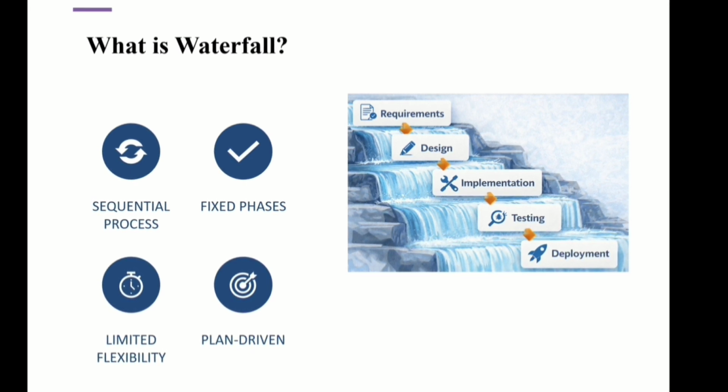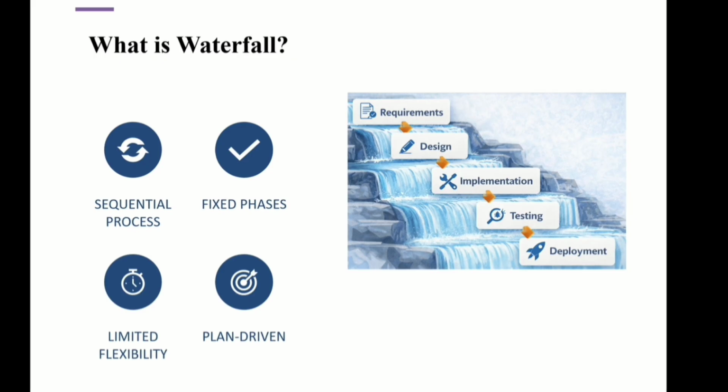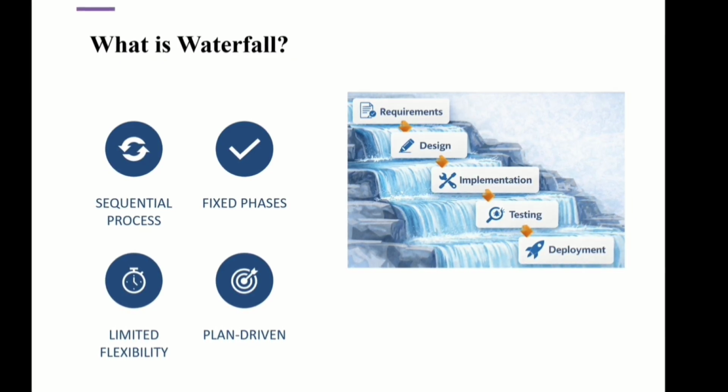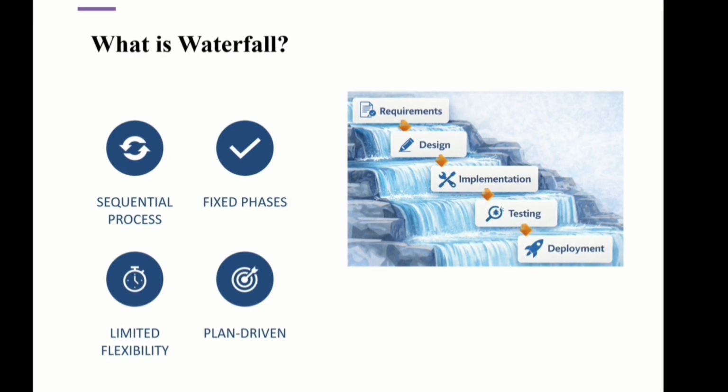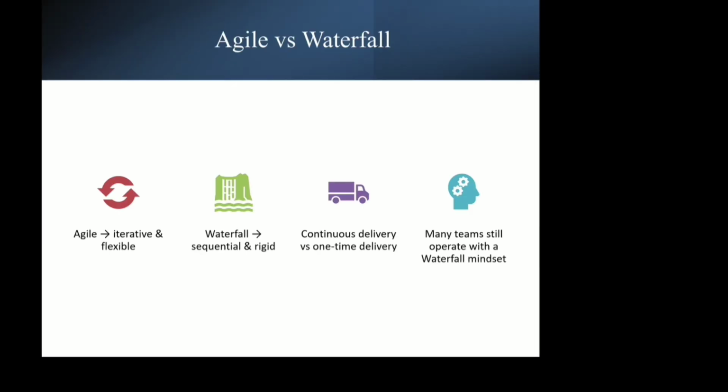Because of this, Waterfall has limited flexibility, since it is difficult to go back and make changes once a phase is completed. It is also a plan-driven approach, meaning everything is designed and documented at the beginning and the team follows that plan throughout the project. In order to get a better understanding, let us now see the difference between Agile and Waterfall.